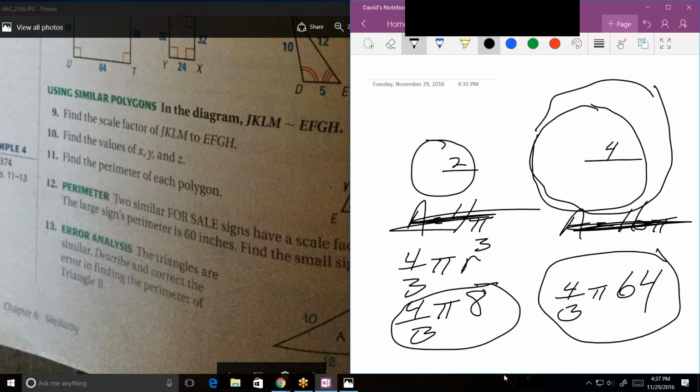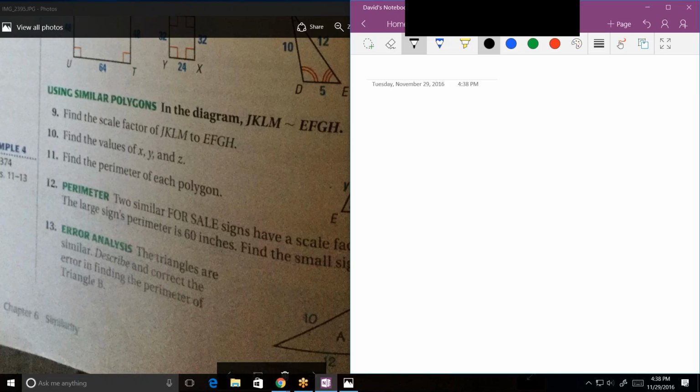And this is the reason I like using big to little, because if you use little to big, you end up with a scale factor of 1 to 2, and then that becomes 1 to 4 when you're looking at area, and then it becomes 1 to 8 when you're looking at volumes. But you haven't quite gotten to that part of geometry yet, but certainly ready for it.